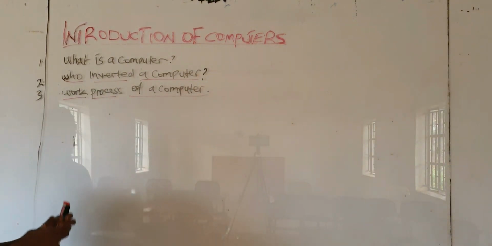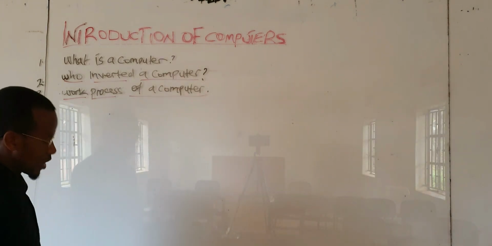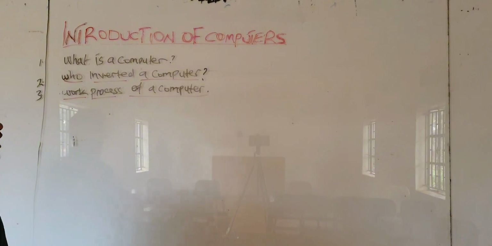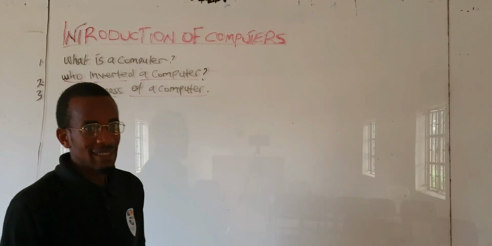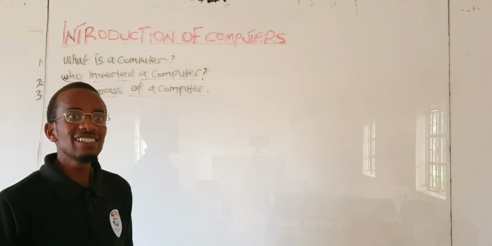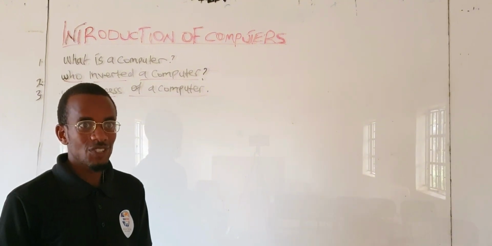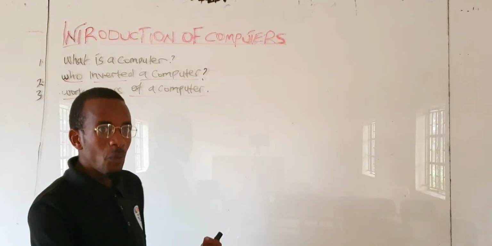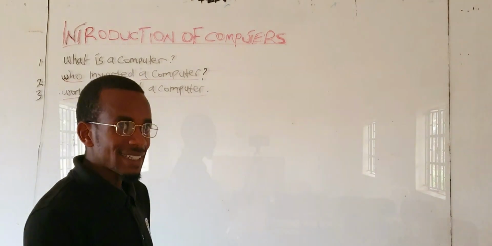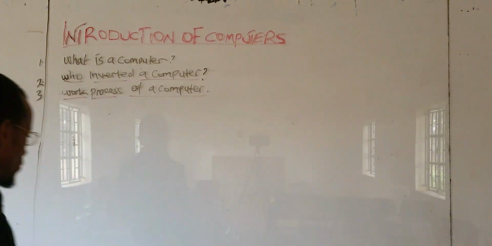Which is work process of a computer. So here, how a computer works to process data into information. So now I'm going to show you how a computer works, or work process of a computer.